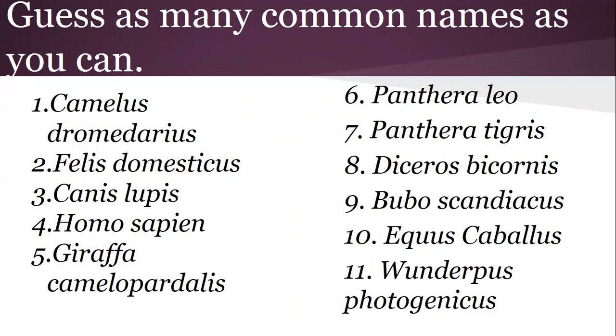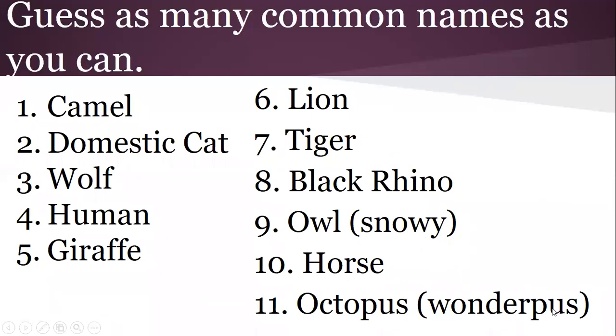Once you see the name, though, I think you'll know what it is. So, what we have is the camel, the domestic cat, the wolf, the human, the giraffe, the lion, the tiger, the black rhino, the snowy owl, the horse, and the octopus.